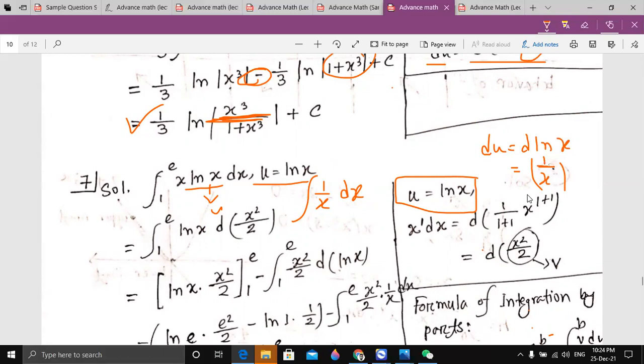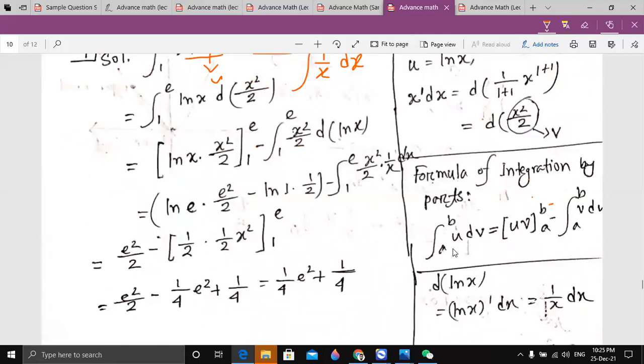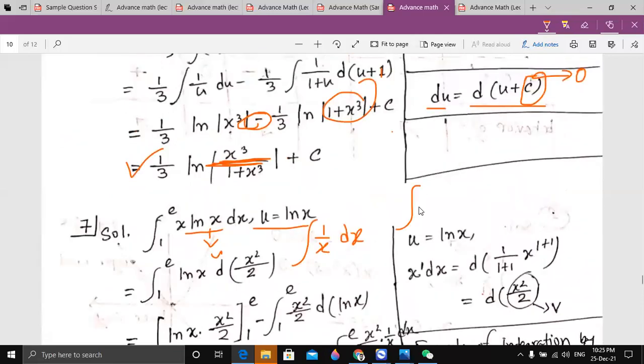Now we have to find dv, okay, guys. Because do you still remember the substitution rule for integration? Integration of u dv is equal to uv minus integration of v du.